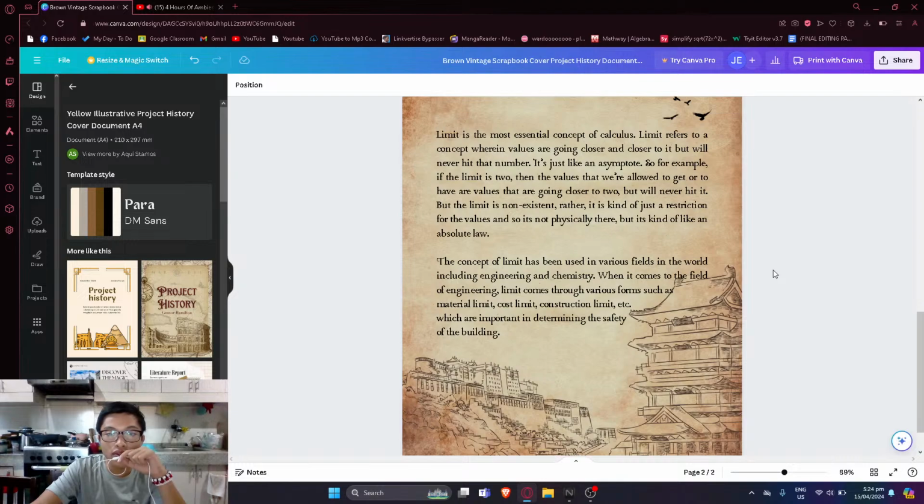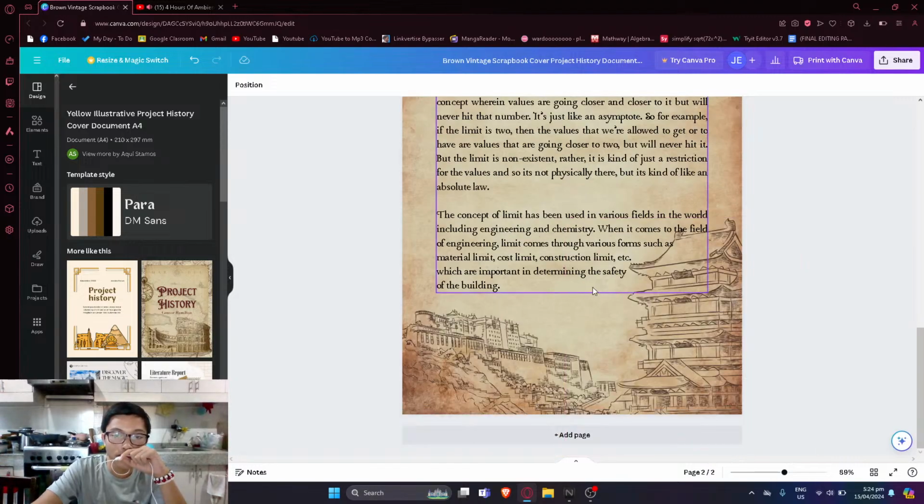Rather, it is just a restriction for the values, and so it is not physically there, but it's kind of like an absolute law. The concept of limit has been used in various fields in the world, including engineering and chemistry. When it comes to the field of engineering, limit comes through various forms such as material limit, cost limit, construction limit, etc., which are important in determining the safety of the building.